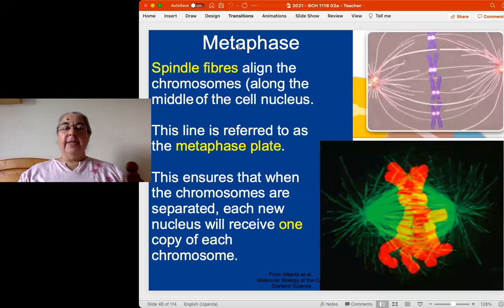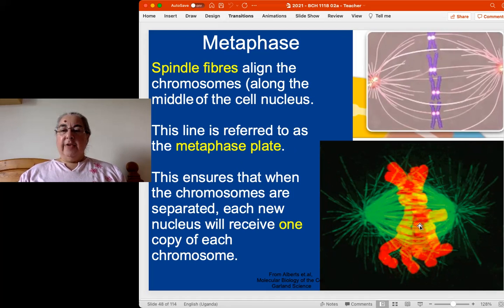Meta means middle, and it's a good way to remember that this is the phase where the chromosomes can be seen to be lined up in the middle of the cell, in the middle of the spindle structure. The chromosomes are lined up in the middle with one of each of the sister chromatids pointing towards each of the sides of the cell, each of the spindle poles.